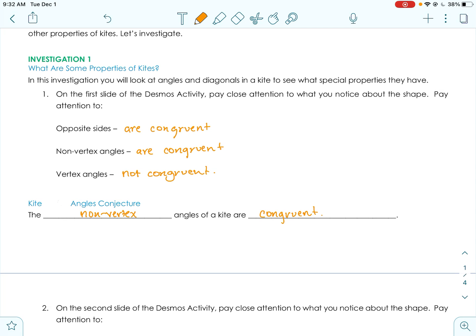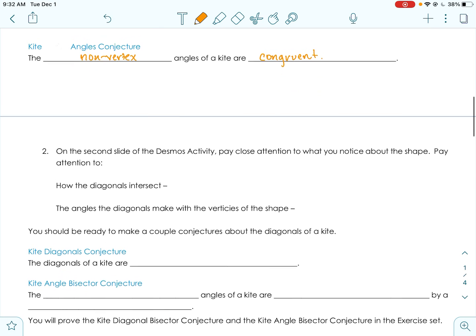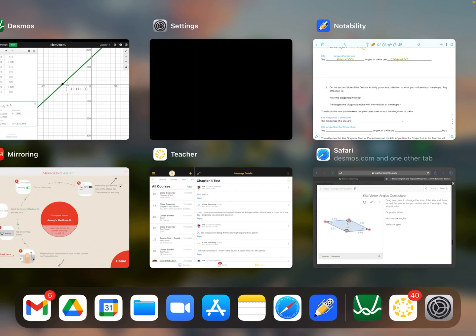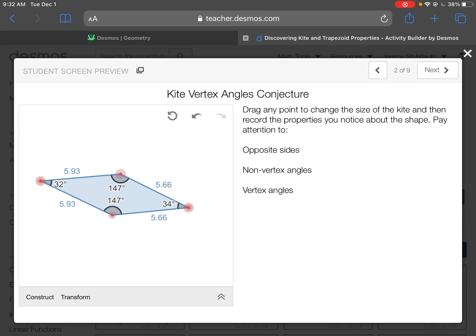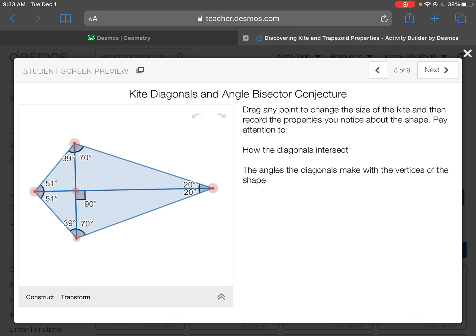So now we're going to take a look at a second conjecture. We're going to see if we can make a conjecture about the diagonals of kites. So let's jump back over to Desmos and come to our next slide. What I want you to pay attention to as I adjust this is, how do the diagonals intersect?